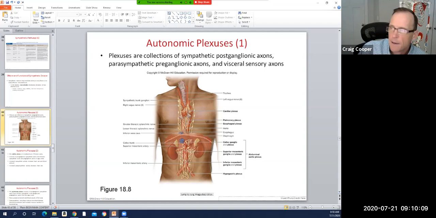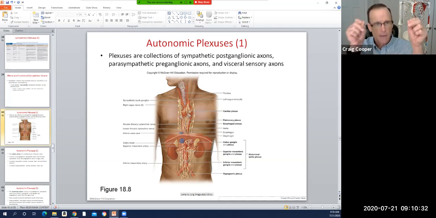ganglia as well. And so if you look at autonomic plexuses, it's basically groupings of sympathetic postganglionic axons, so the ones after we've already had that first synapse, and parasympathetic preganglionic axons. So again, if we look at the length of our axons, the sympathetic has that first synapse closer to the spinal cord.